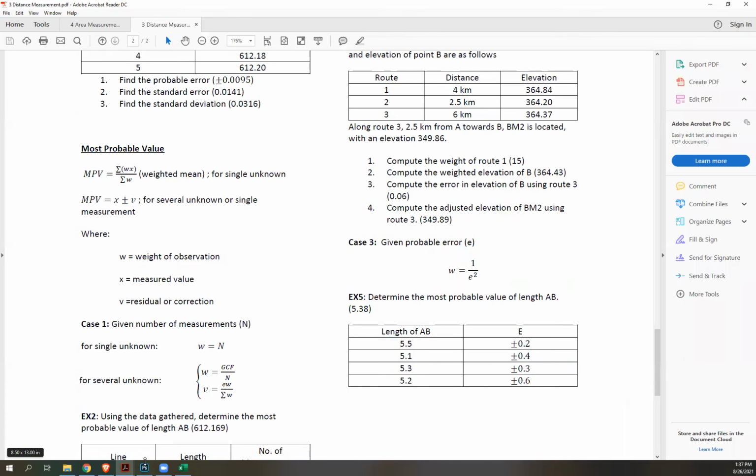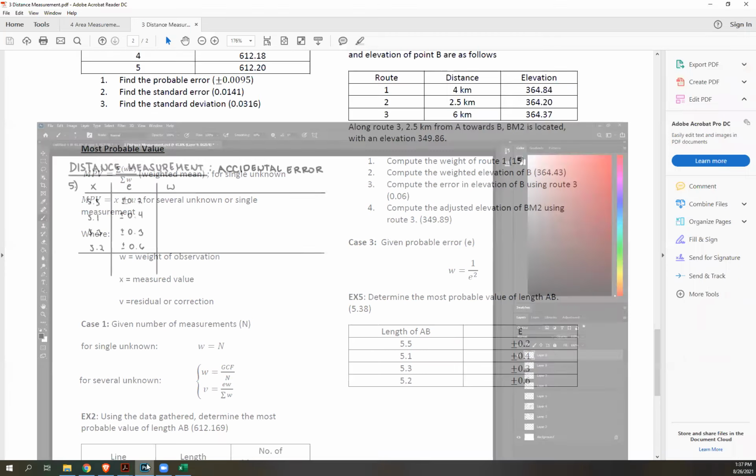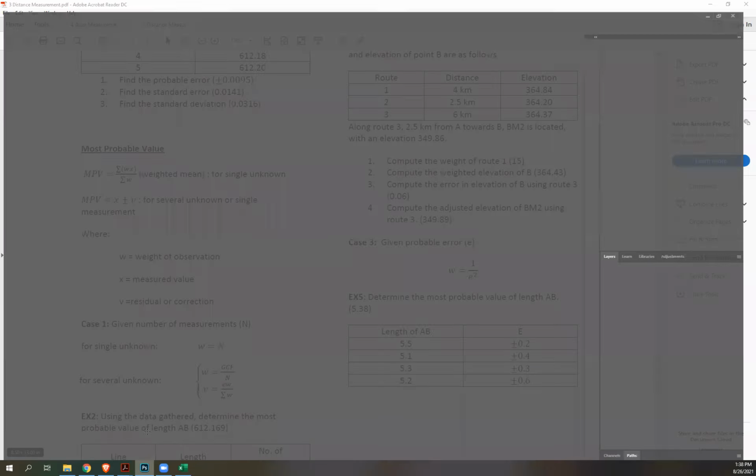So error is plus or minus 2436. So next step, after getting your X and E, is to solve for your weight, your W. And then again, the equation for W is 1 over E squared.